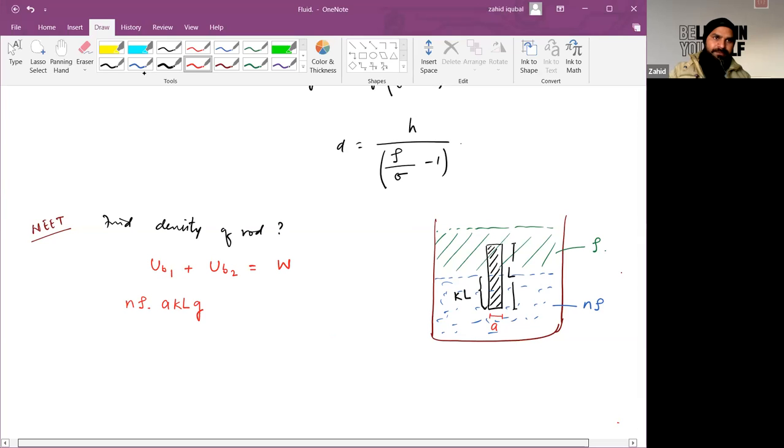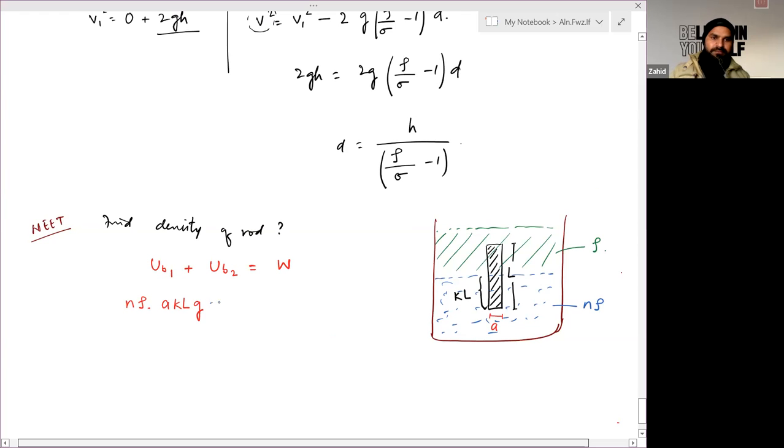Similarly, in the second liquid, density of liquid times volume of object immersed. So it will be total length minus K times L times gravity. Weight of object is sigma, total volume times gravity.